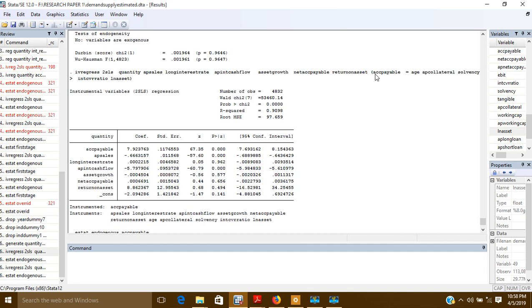The overid performs a test of whether these are strong enough for account payable to be a good indicator or not. For that you have the estat overid test.